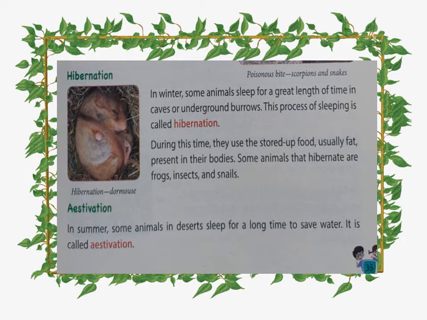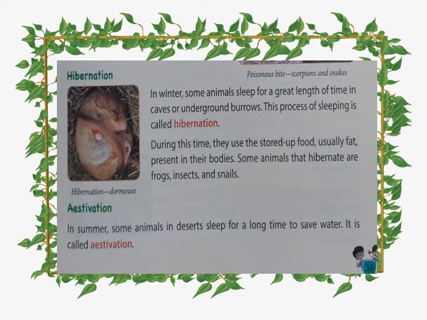This process of sleeping is called hibernation. It is the winter sleep. During this time, they use the stored-up food, usually fat, present in their bodies. Some animals that hibernate are frogs, insects, and snails. Here, hibernation is performed by the dormouse.